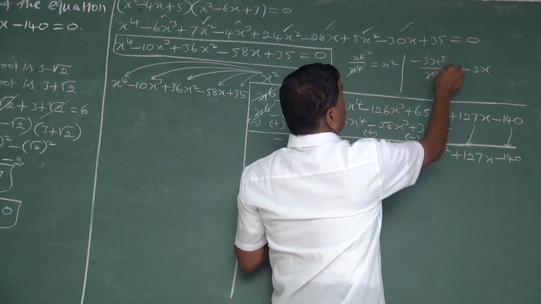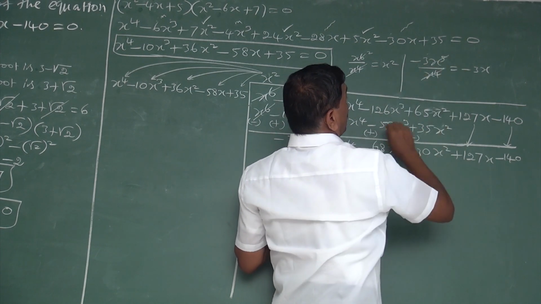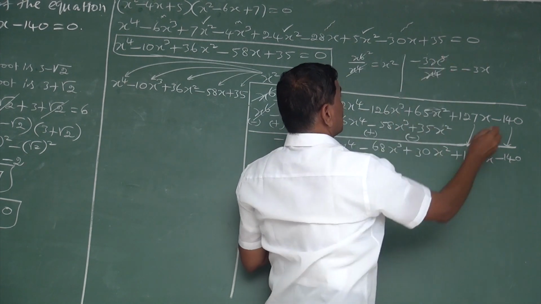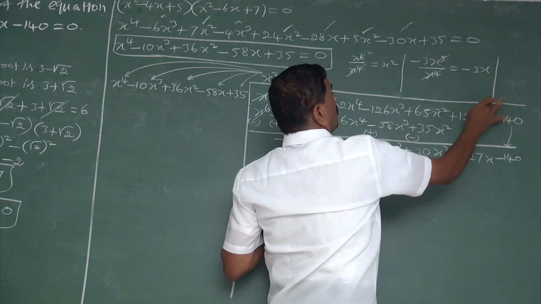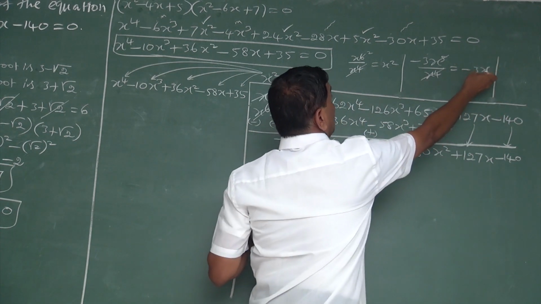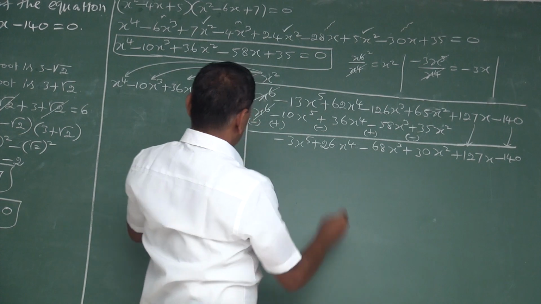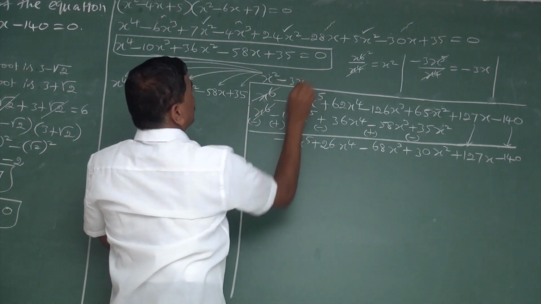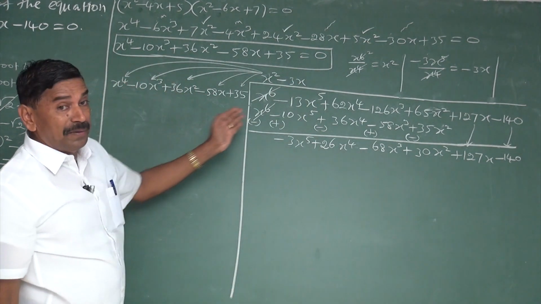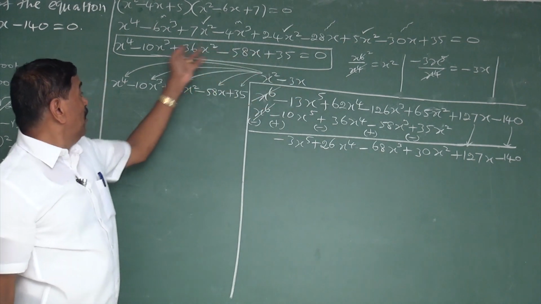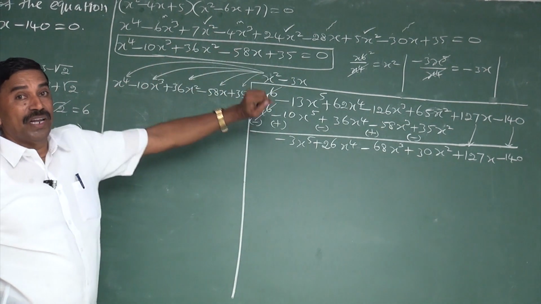Because x power 4 fully cancels, and of power 5 only one remains, leaving minus 3x. Yes, your answer is correct. Now write this minus 3x in the quotient place. Now, with a similar idea, minus 3x is going to multiply all the elements. What is the product?